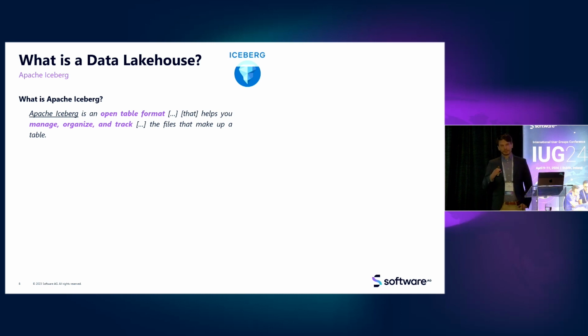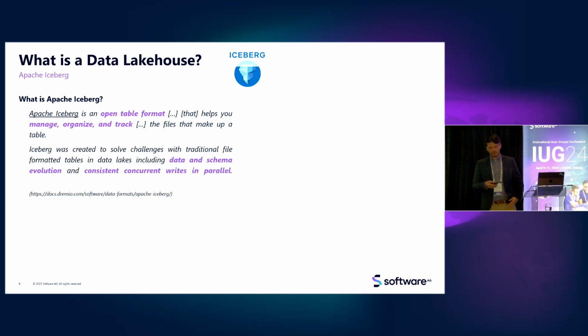It adds an additional layer on top of the data lake, on top of the data files, to help you first manage and organize and track the files in your table. And the project, interestingly, originates from Netflix, the streaming company. They had issues with things like GDPR compliance, and they also had multiple applications who needed to write to the same table in parallel.